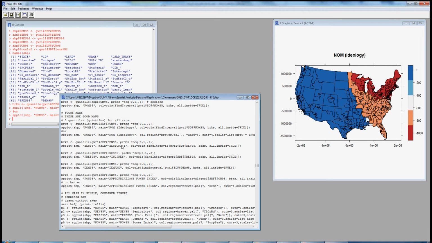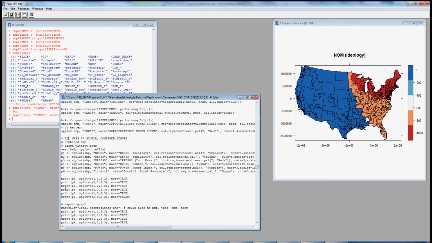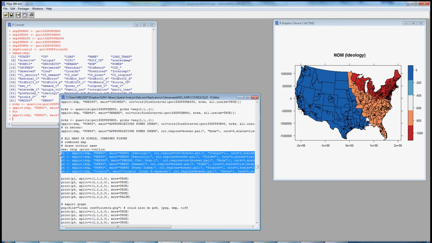We could do similar maps for seniority here, for the presidential vote here, or vulnerability, the variable that's capturing vulnerability, for demand here, and then for the power index. Or we could combine all 5 maps here using the R color brewer package.